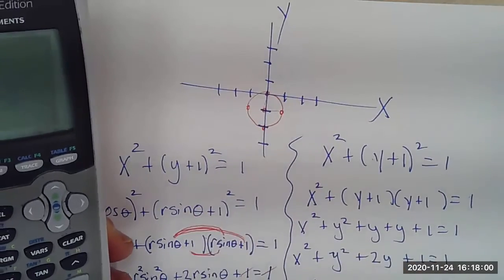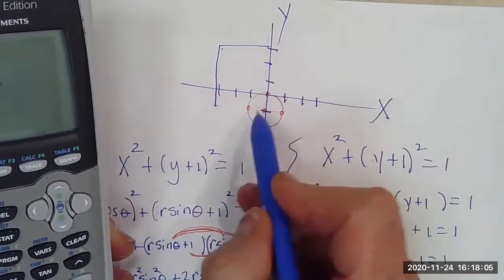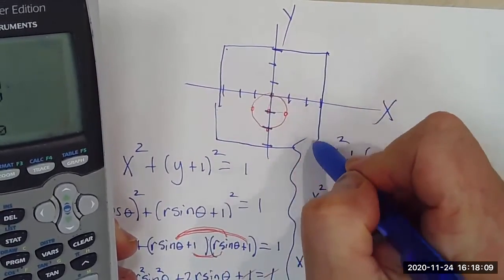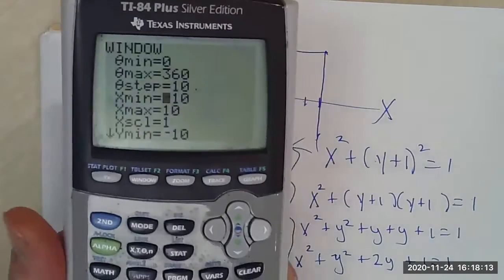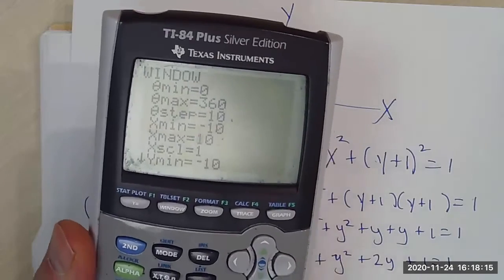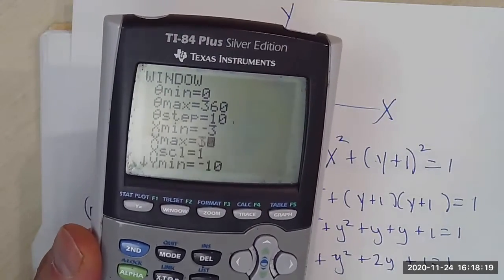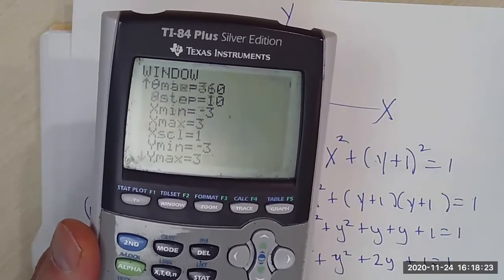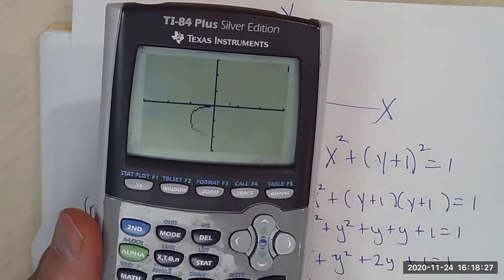I'm going to make my viewing screen right there. So that's the x's and y's. X min is negative 3 to 3, scaling 1, and then negative 3 to 3 again. And then I'll keep my fingers crossed and press graph.